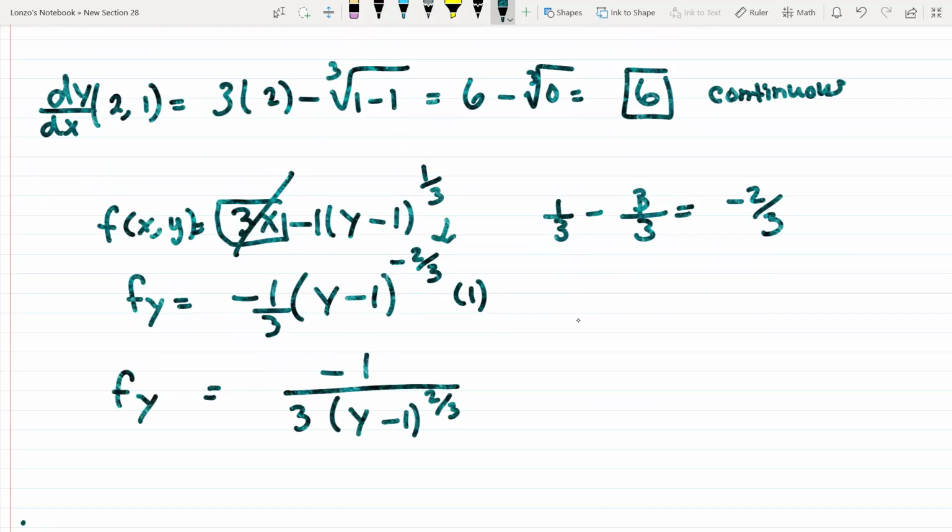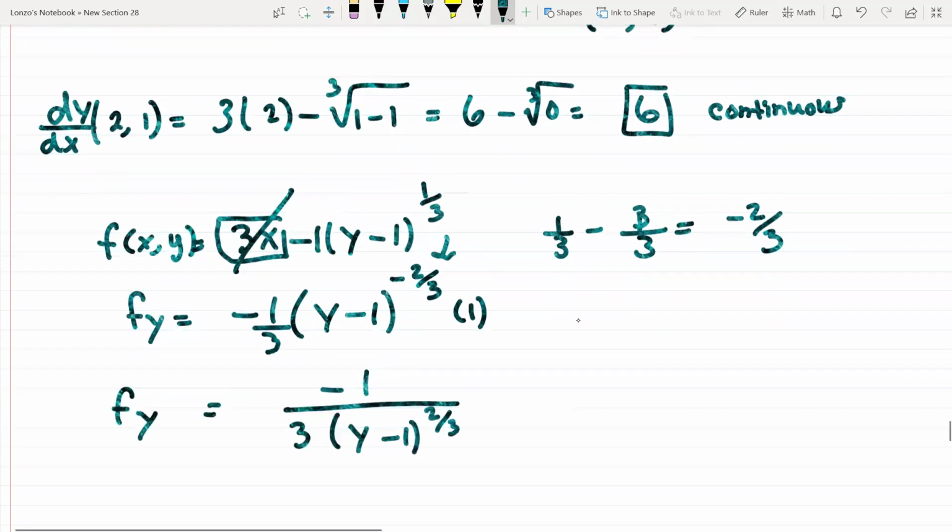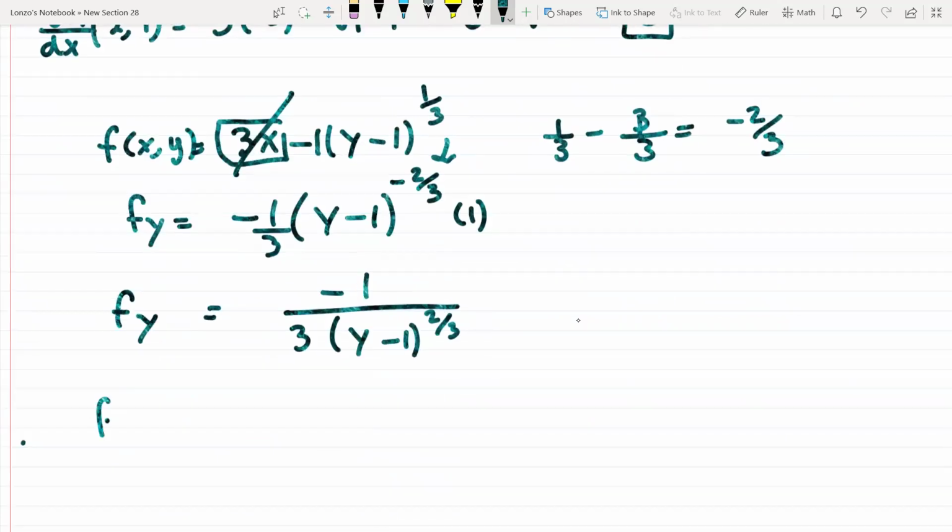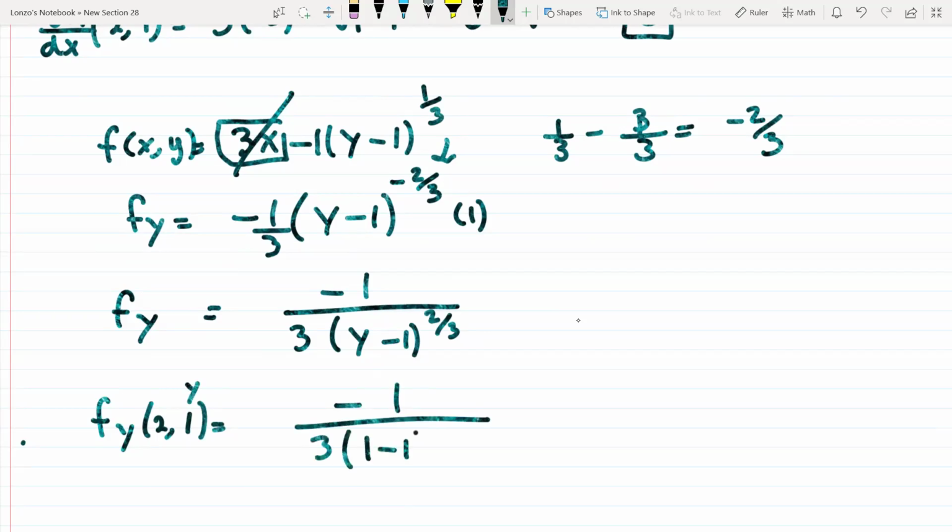Okay, then what I would do is plug in your coordinates. Our coordinate is 2 comma 1. I think we're just going to use our y value, there's no x. So 1 minus 1, then you have -1, and this is 3, and then 1 minus 1 is 0 raised to the 2/3.